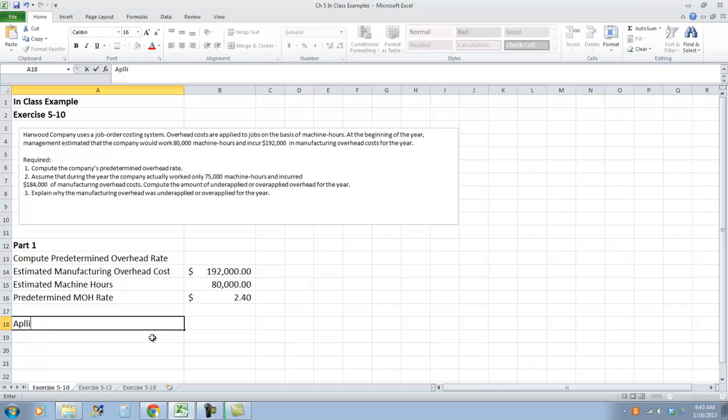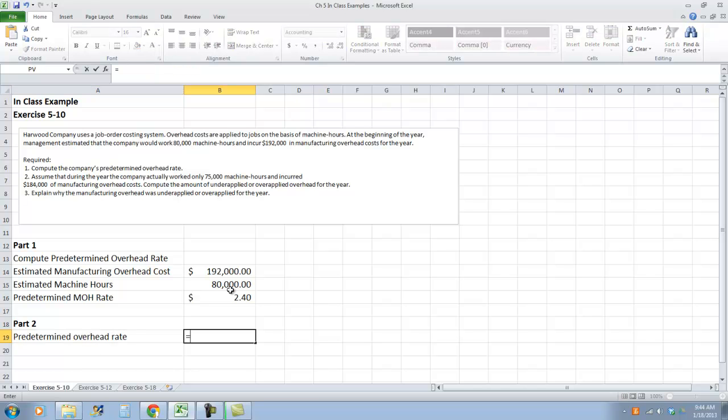So our applied overhead, step 2, part 2, is to figure out what happened, what did we actually apply. So we first take our predetermined overhead rate, which is $2.40.